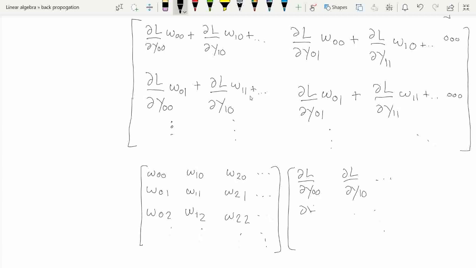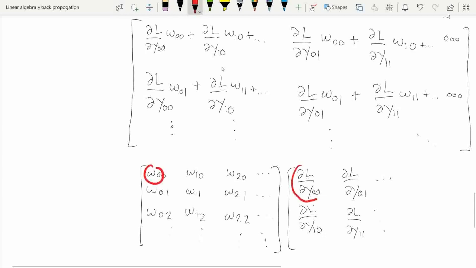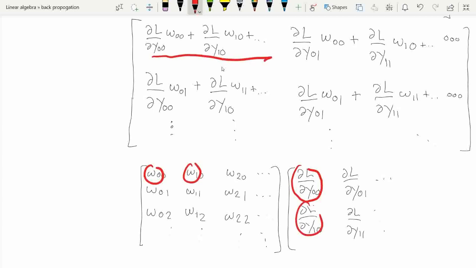Oh wait, no, this shouldn't be 1,0, this should be 0,1, and then 1,0, del L by del y_11. So if we take this times this plus this times this, we get this, and so on.